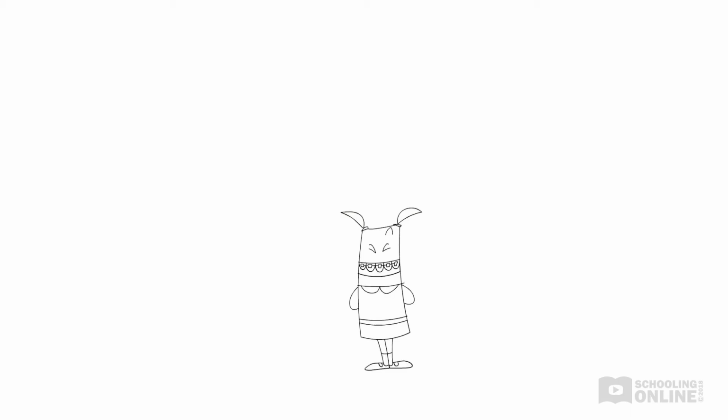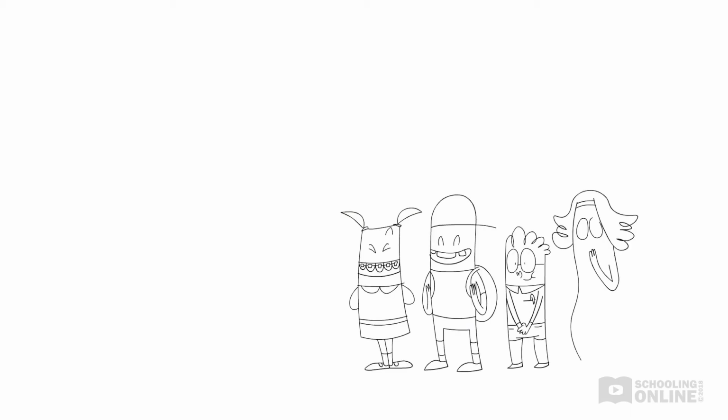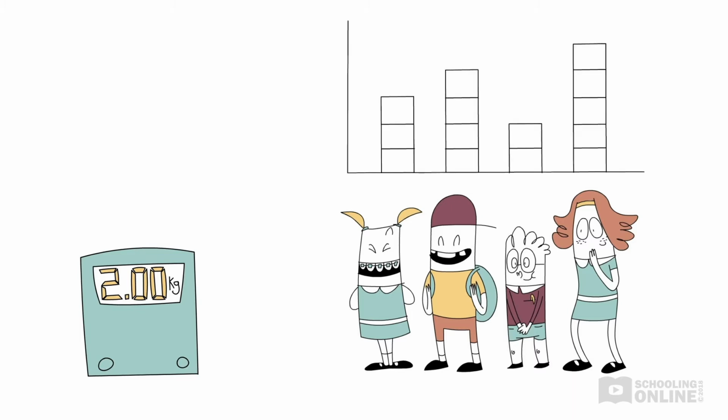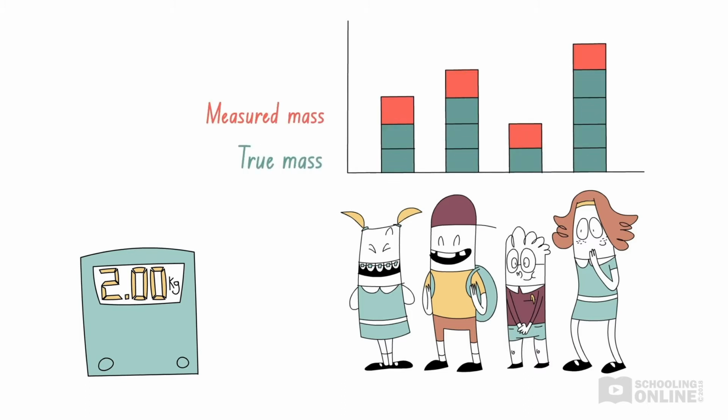For example, imagine you are measuring the mass of everyone in your class. However, when nothing is on the scale, it already has a reading of 2 kilograms. What will happen? Your results will show that everyone is 2 kilograms heavier than the true value of their mass. This systematic error exists because there is a problem with the instrument.